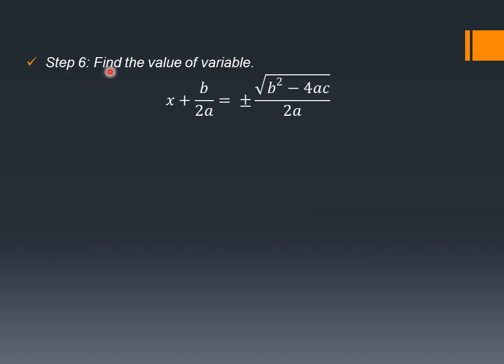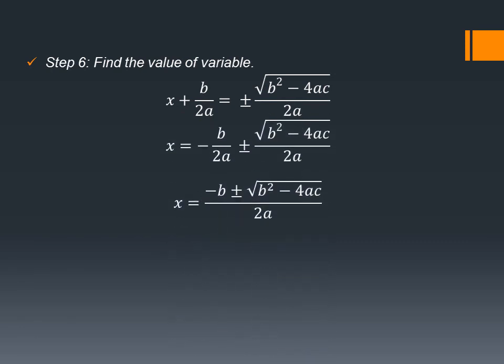Now the sixth step is find the value of a variable. To find the value of a variable, we have to keep the variable, which is x, to one side of the equation, normally to the left side, and take all the other values to the right side of the equation. So keeping x here, we will take plus b over 2a to the other side. It will become minus b over 2a plus minus under root b square minus 4ac over 2a will remain the same.